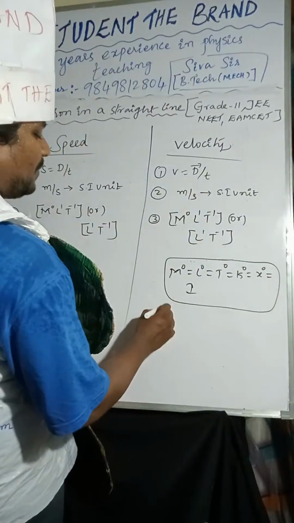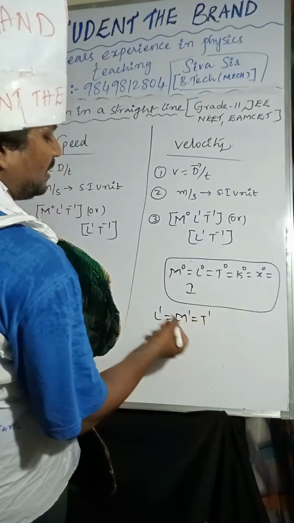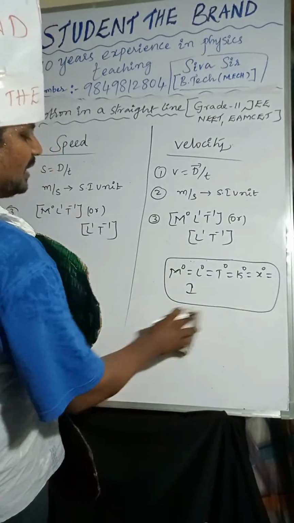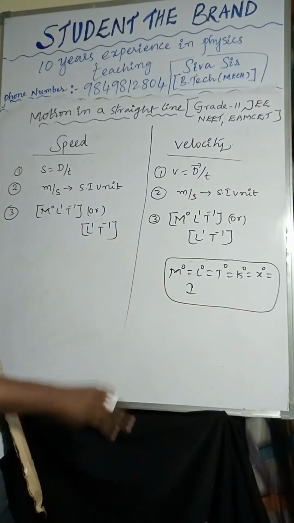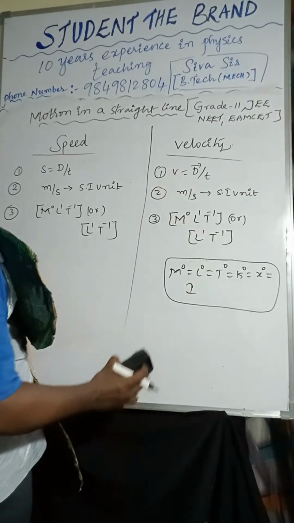If you take L power 1, M power 1, T power 1, any letters with power 1, it remains the same. So this is about the difference between speed and velocity.